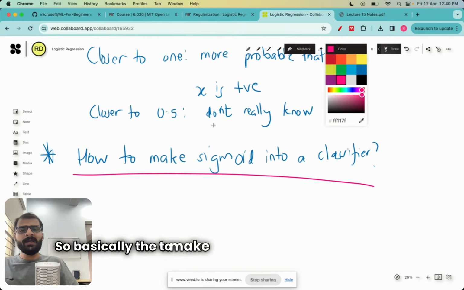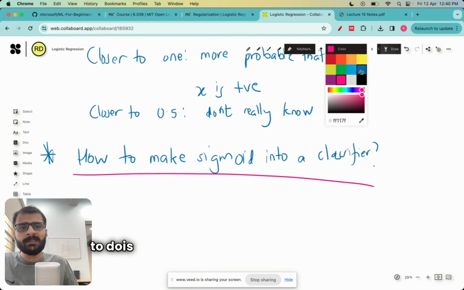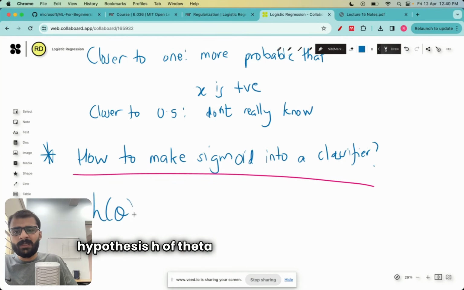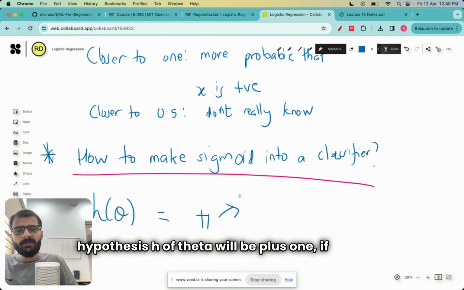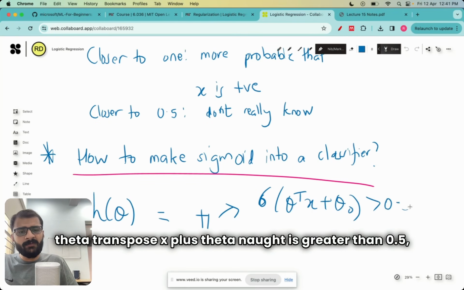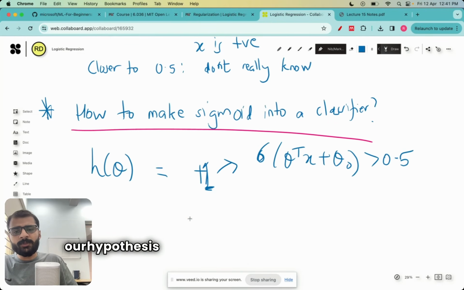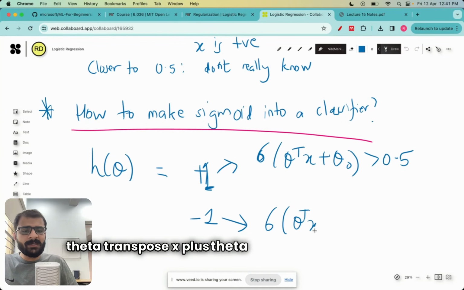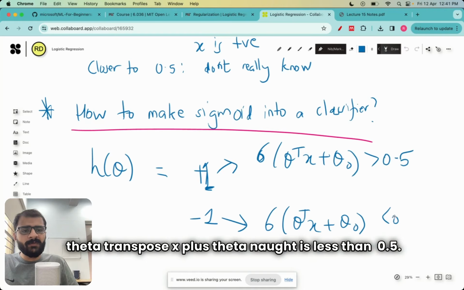to make a classifier, what we are going to do is that our hypothesis h of theta will be plus 1 if sigma of theta transpose x plus theta naught is greater than 0.5, and our hypothesis will be equal to minus 1 if sigma of theta transpose x plus theta naught is less than 0.5.